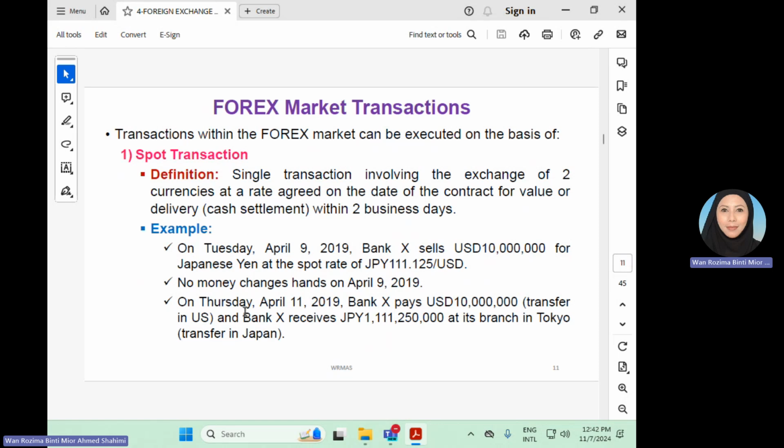So USD at the front, USD at the back. You have to multiply. If same location, you divide. Different location, multiply. In this case, USD at the front, USD at the back, different location. So times.